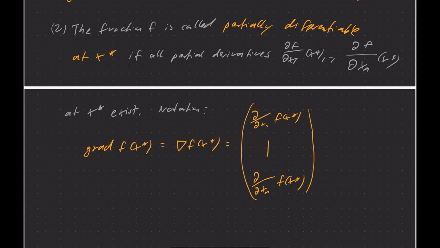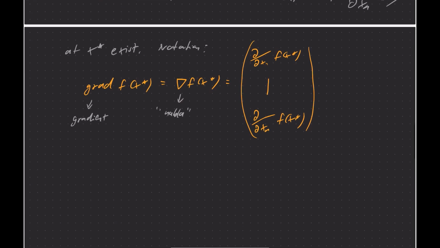Okay, so this is called the gradient, and this is called the nabla operator. This is called the gradient of f at x star.